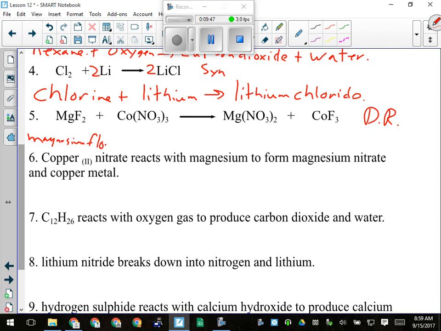I'm just going to write it the American way with no U. Plus cobalt 3 nitrate. And then I've got magnesium nitrate. I'm going to run out of room. Plus cobalt 3 fluoride.